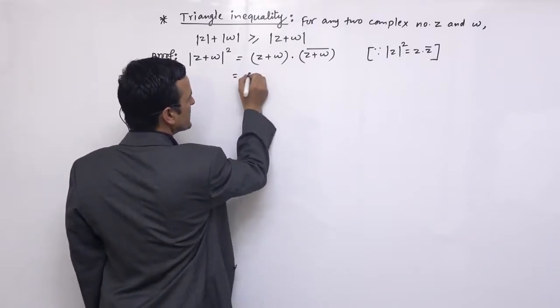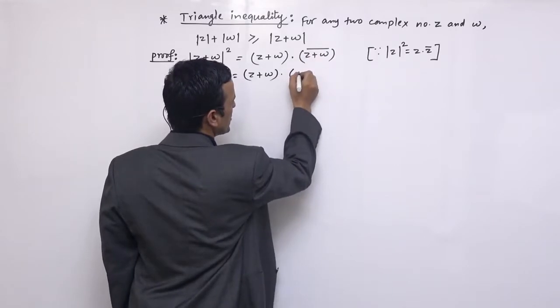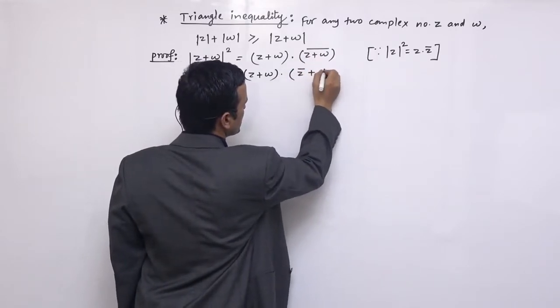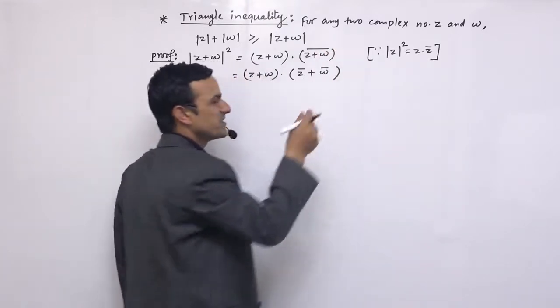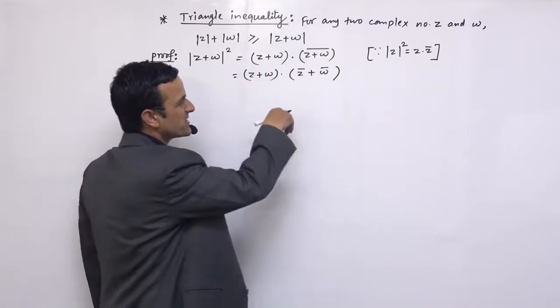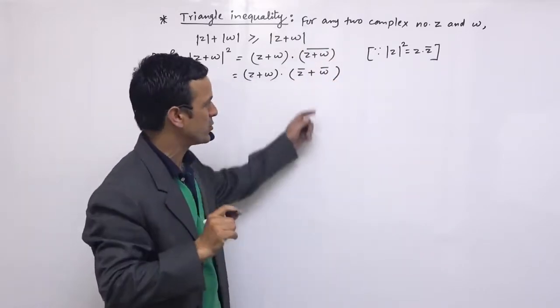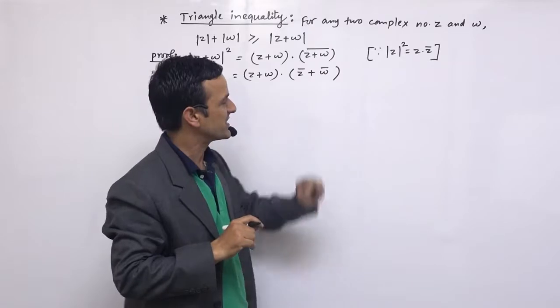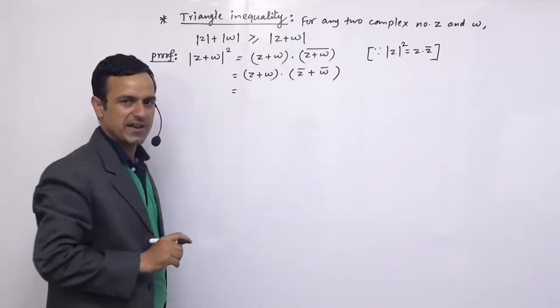So (z + w) into (z + w) को conjugate means z conjugate plus w conjugate. This is also a formula we have already done in the properties. Properties मा हामीले whole conjugate भनेको individual complex number को conjugate हुन्छ भनेर पढिसकेका छौं. यसलाई यस्तो लेख्न मिल्छ. Now we can multiply here.